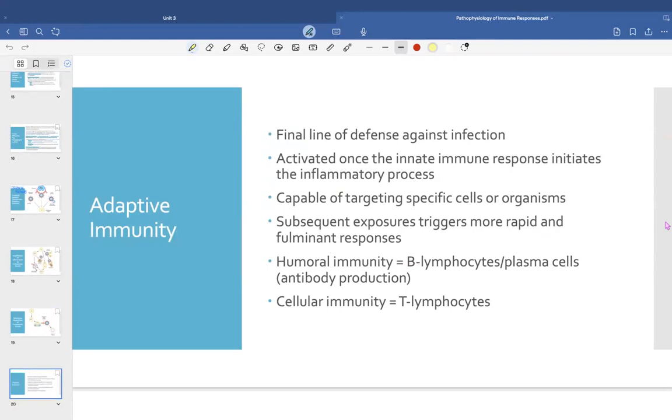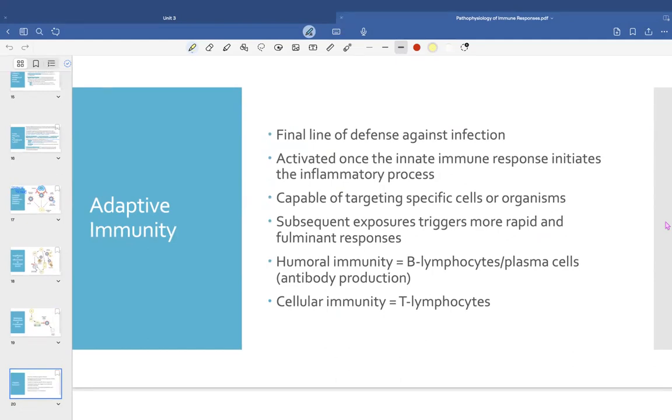Once it's activated, it can target specific cells or organisms. It's delayed for the first exposure. It's much more rapid and fulminant for the second and subsequent exposures.